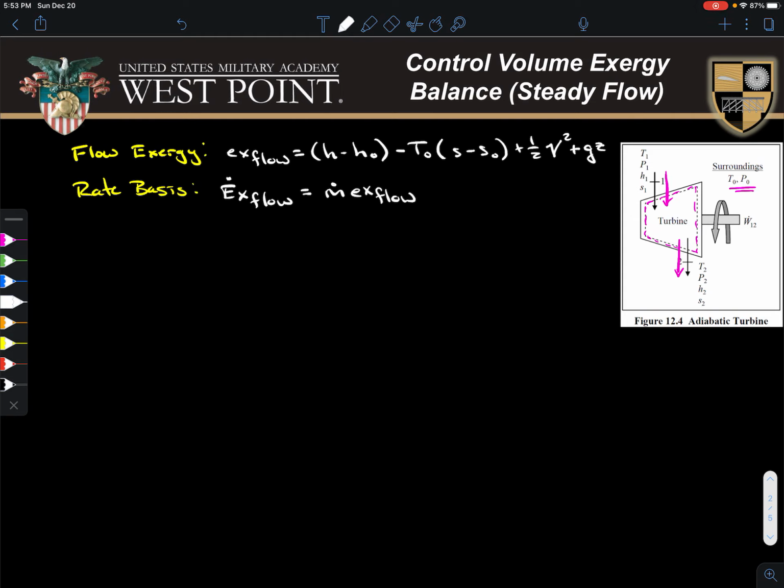So now let's talk about what this means for a control volume Exergy balance. We're seeing up here in the top right-hand corner, Exergy balance of control volume.